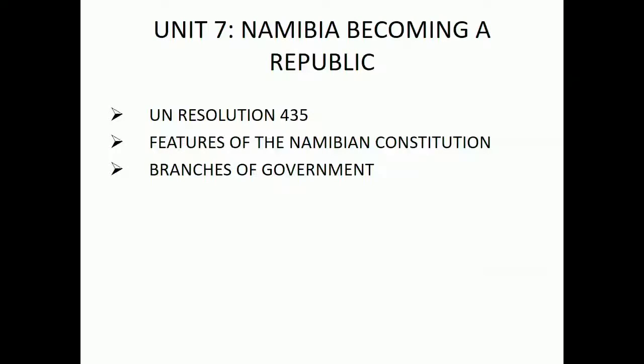Unit 7 is about Namibia becoming a republic. First point here, the UN Resolution 435. Through this resolution, it paved the way to freedom for Namibia and its people. So it's very important.